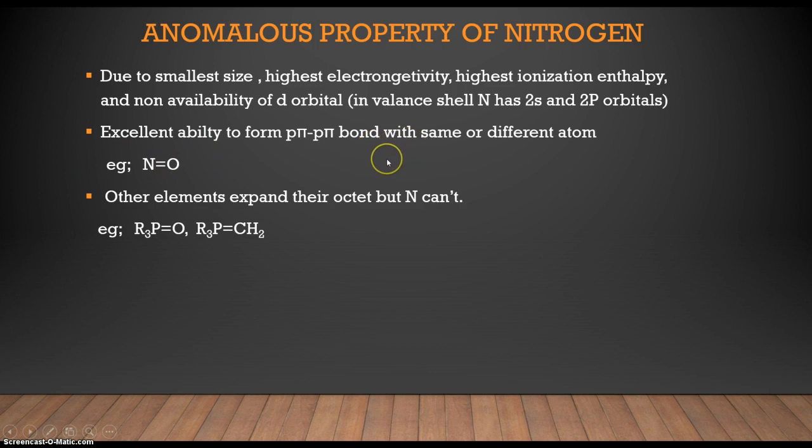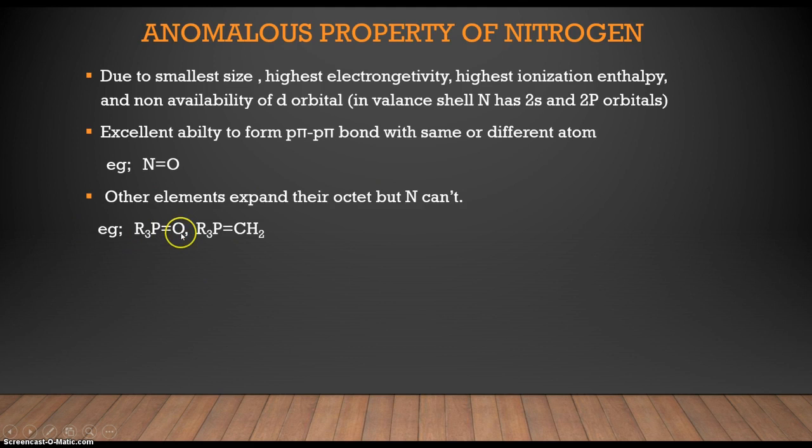Now, it's very important to observe one thing: the other elements except nitrogen, like phosphorus, can expand their octet, because they have d and f orbitals in their valence shell. As you can see over here, phosphorus is surrounded by 5 bonds. 3 bonds are connected with 3 R alkyl groups, and 2 bonds are connected with oxygen.